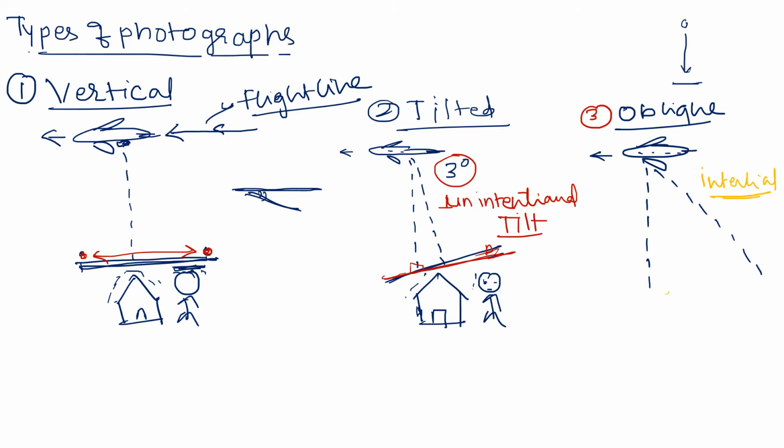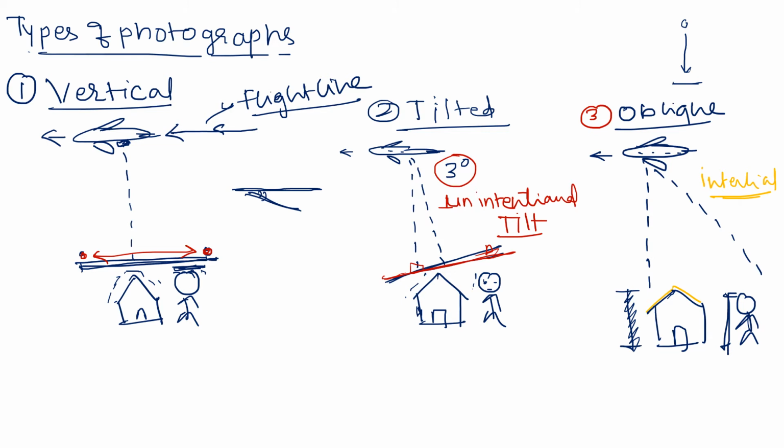So what will happen here? This is my house. This is the human being who was standing. Now I am able to see the entire human being and the entire building or house.